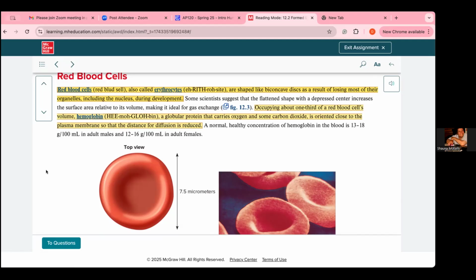Hold on. I would say hemoglobin. What it's saying here, and that's what the book said.